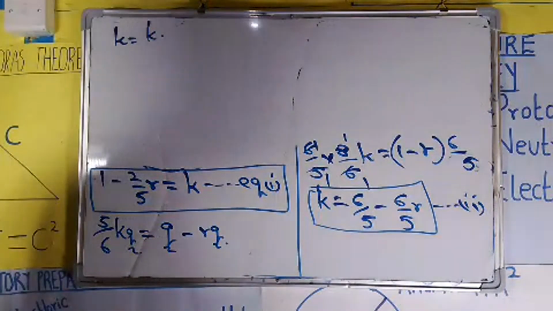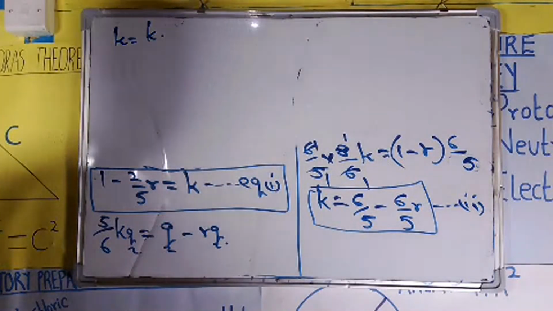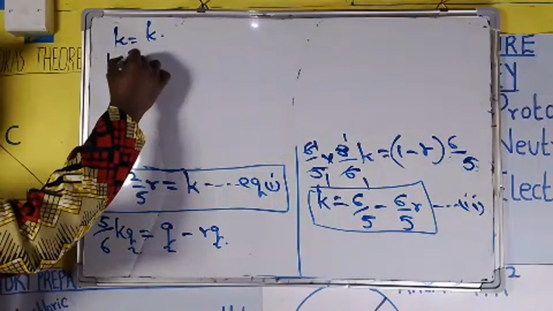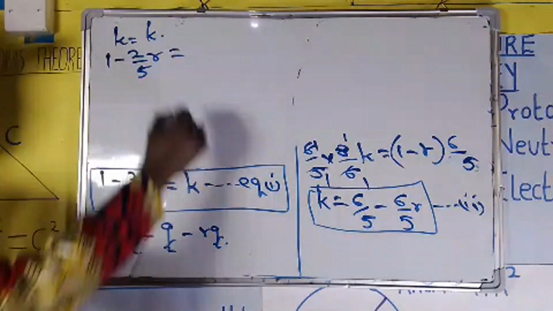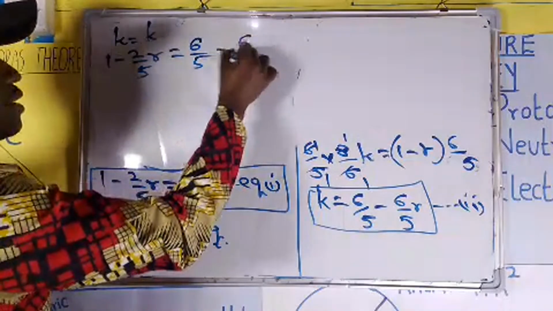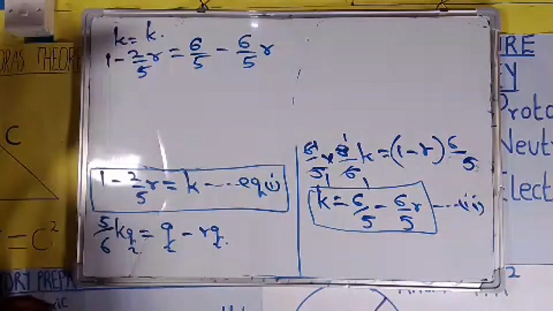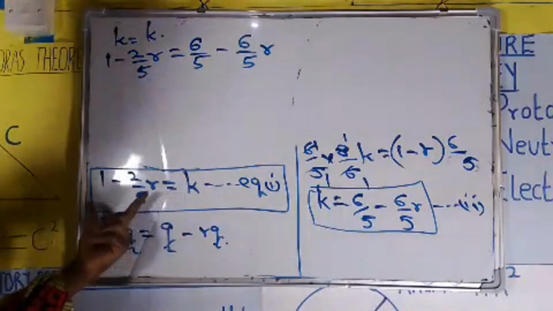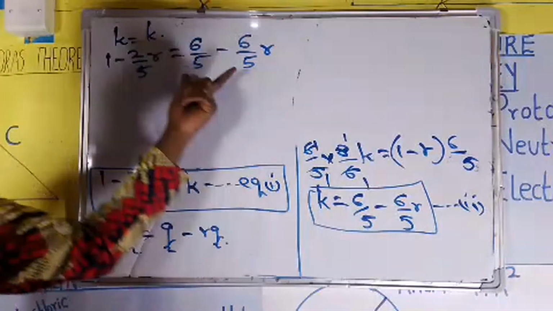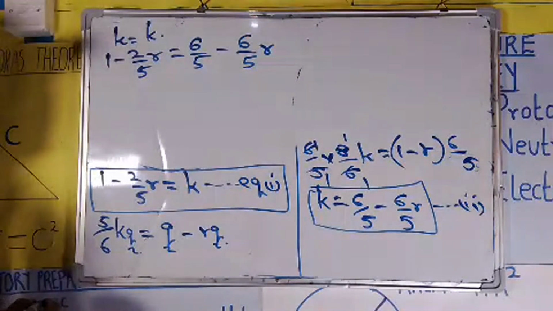There is no difference. K and k is the same. So by having k and k the same, we can say 1 minus 2/5r is equal to 6/5 minus 6/5r. Because this is the value of k, which is this one, and this is the value of k, which is this one. So we can equate the two so that we can determine the value of r.